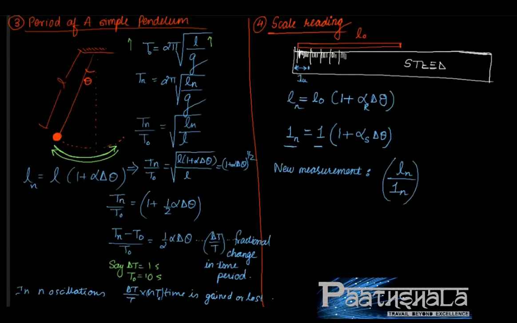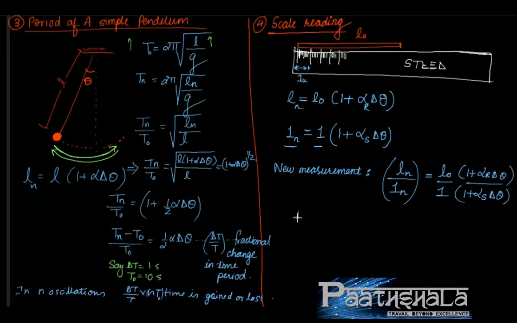This is going to be the new length measured by the scale, and that is nothing but L0 upon 1, 1 has just a value of 1, into (1 + alpha rod delta theta) upon (1 + alpha scale delta theta). Fine.